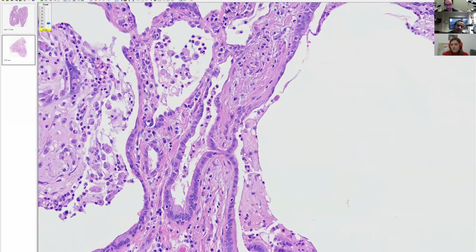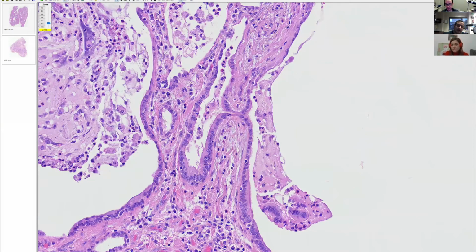If you look at this area, you see a spectrum of cells lining this, ranging from cuboidal cells all the way up to ciliated cells. To me, that gradation suggests that it's a reactive process to this architectural distortion.